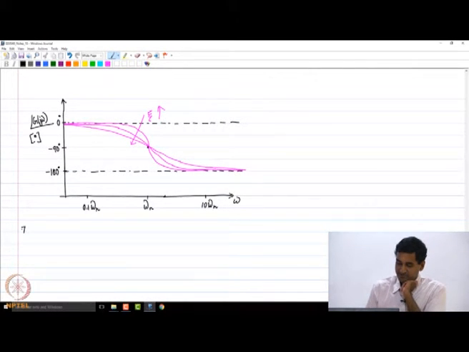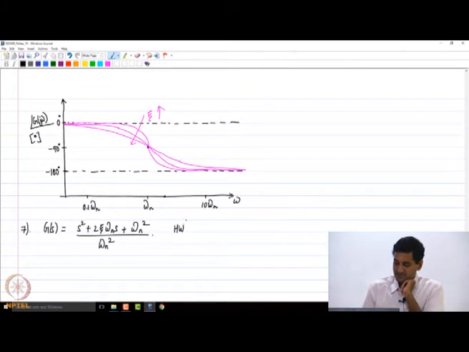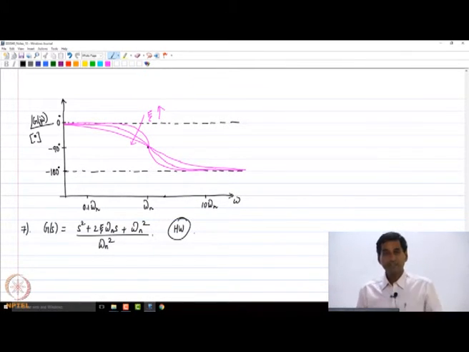Okay, so the seventh factor is essentially the reciprocal of the factor that we just considered. So I want you to do it as homework. This will be a mirror image of this one. Okay, right. Okay, any questions here?